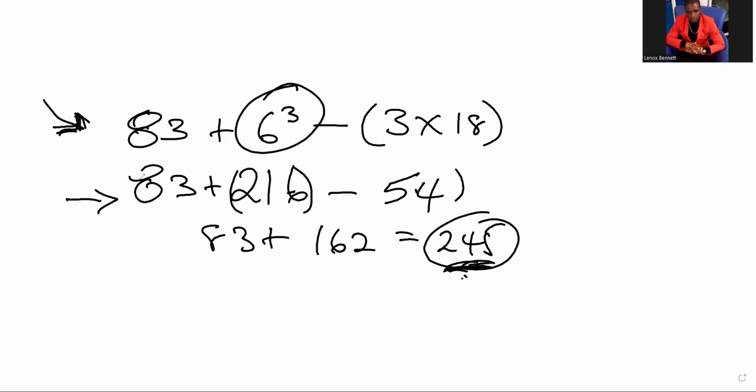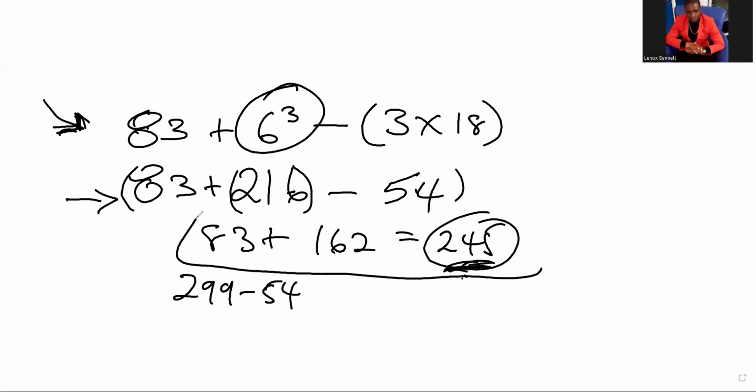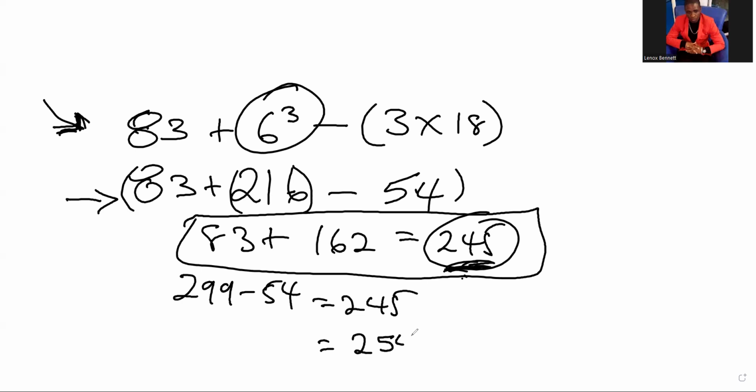Here you should have added this and gotten 299, and then subtracted 54. As I said, sometimes it will come back to bite you. But this will give you 245 just the same. Someone actually did the correct thing, but they wrote 254.